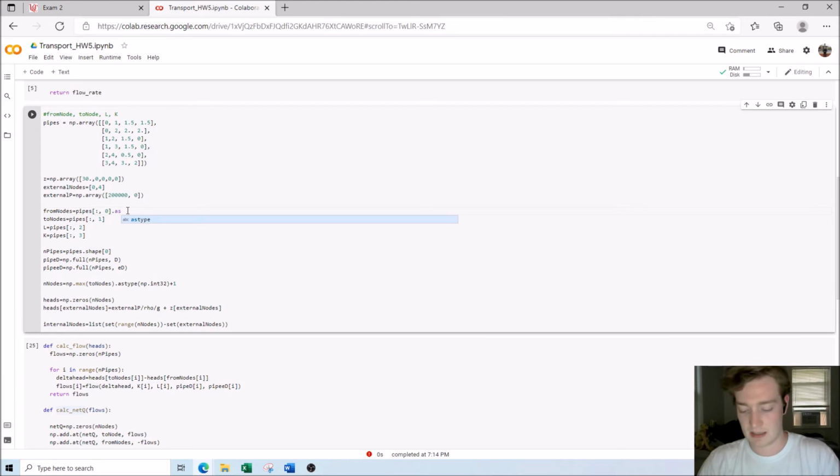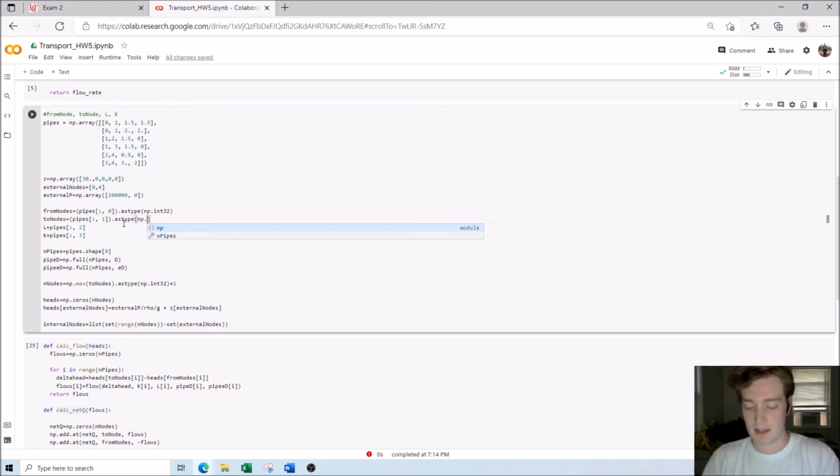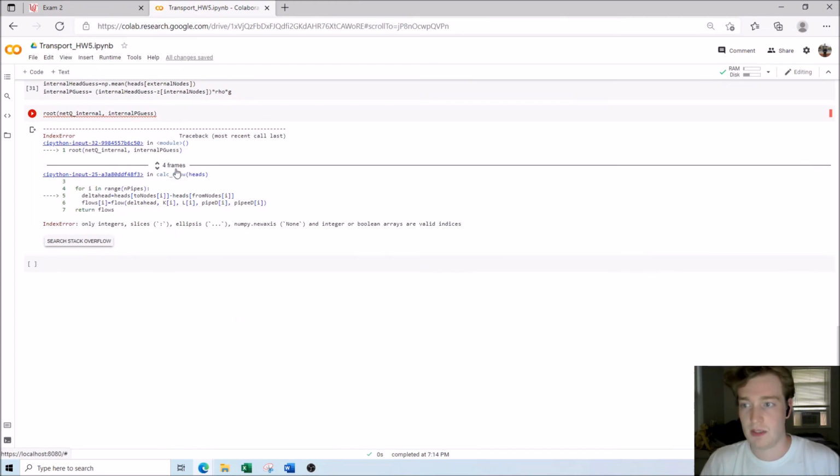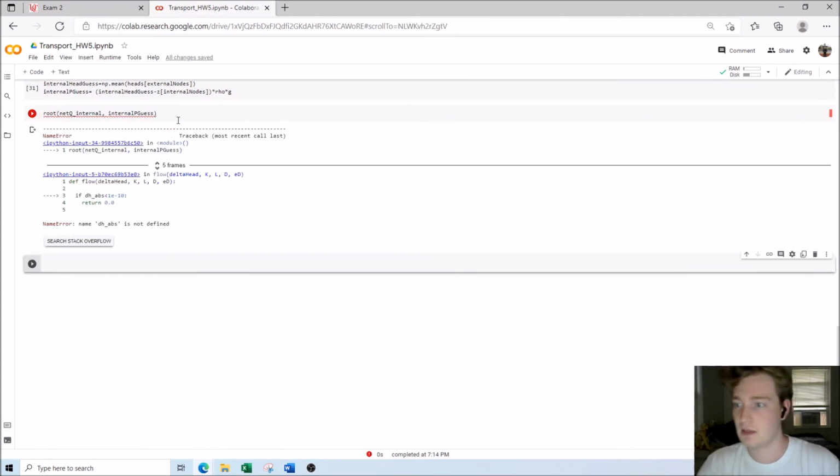So dot astype np.int32. Let's put that in parentheses as well, just like that. And the same thing for this, dot astype np.int32. And once again, we pray that this runs.